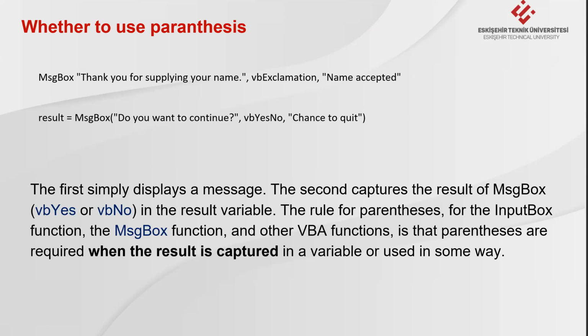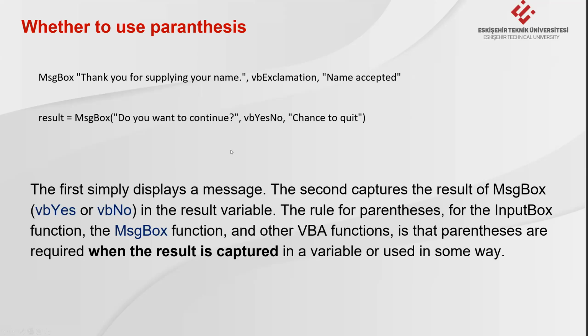So I don't know if you have noticed or not, but we have used two types of the functions in here. In some of them we did not use the parentheses. In some of them we have used parentheses. The first simply displays a message in here. For example, you say MsgBox, thank you for supplying for me, and you have used the exclamation icon, and your title is name accepted.